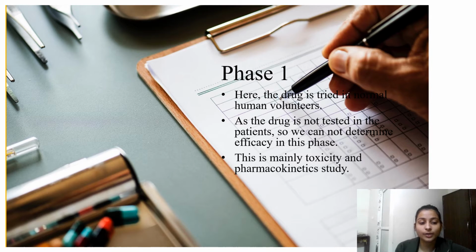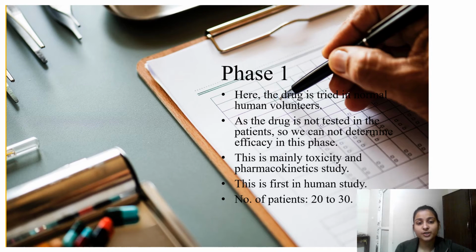Pharmacokinetic studies include ADME: absorption, distribution, metabolism and excretion. This is the first in human study. The number of patients in phase 1 clinical trials is very small, that is 20 to 30 or 20 to 40, that's it. The length of the study is several months.